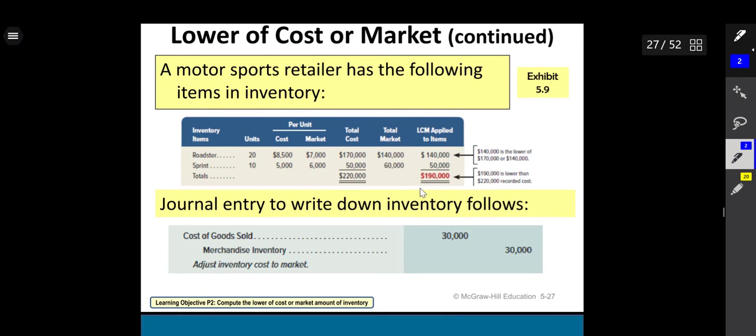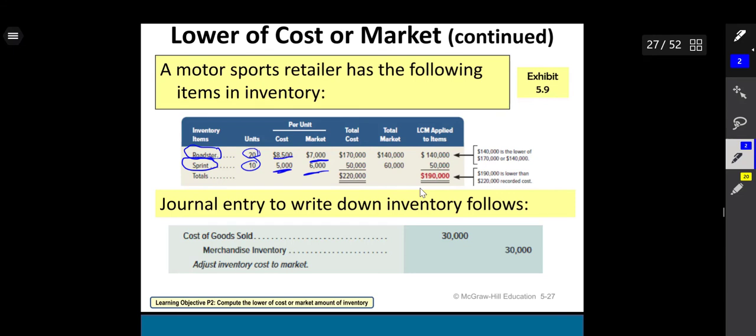So here's an example of lower of cost or market. You have this retailer that has two inventory items, a Roadster, I assume these are vehicles, and a Sprint. They have 20 units of each. 20 units at $8,500 cost, but the market is $7,000. The cost here is $5,000, but the market value is $6,000.